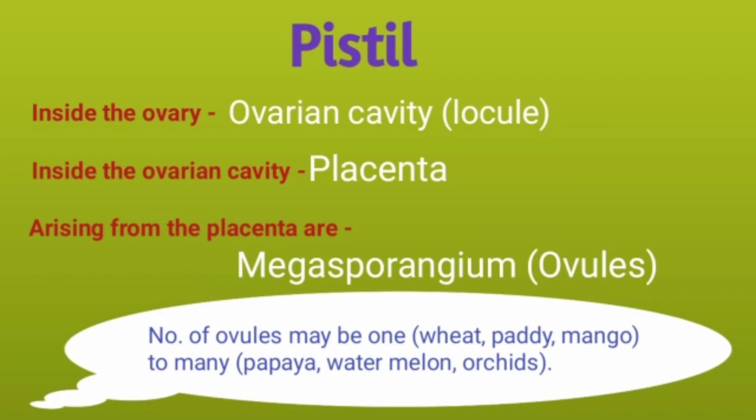In other plants like papaya, watermelon, pumpkin, lemon, orchid, etc., we will get many ovules in an ovary. Because of that we get many seeds in one single fruit. You can think of fruits like papaya, watermelon, pumpkin, jackfruit, etc. In those plants we get numerous seeds in one single fruit.